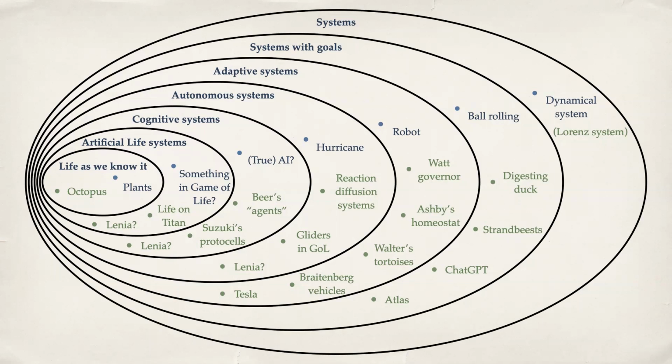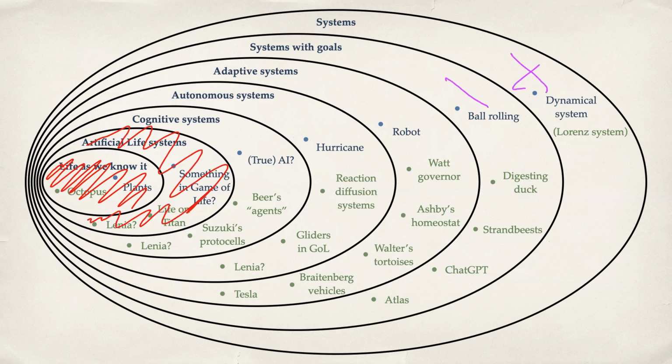I think I'm ready to say that living systems are agents. Maybe all types of living systems, maybe the ones that we haven't discovered yet. I would say systems in general are not agents. Systems with goals, probably not agents. And then I don't know.